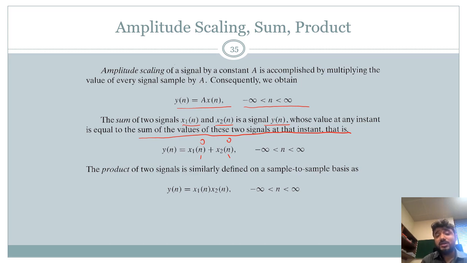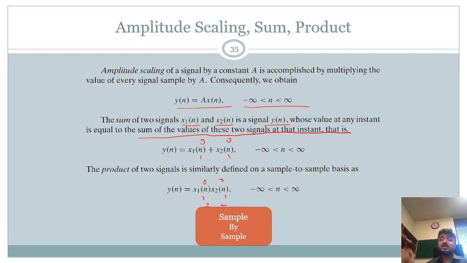The product of two signals is also defined on a sample by sample basis. So again, you just multiply the corresponding values, 0 with 0, 1 with 1, 2 with 2, and so on, and you get the product of the two signals.